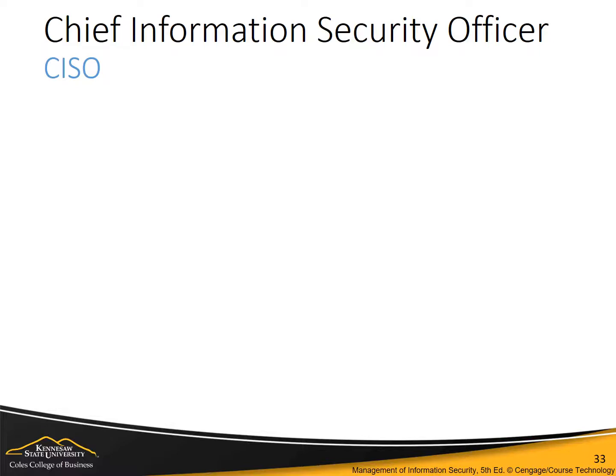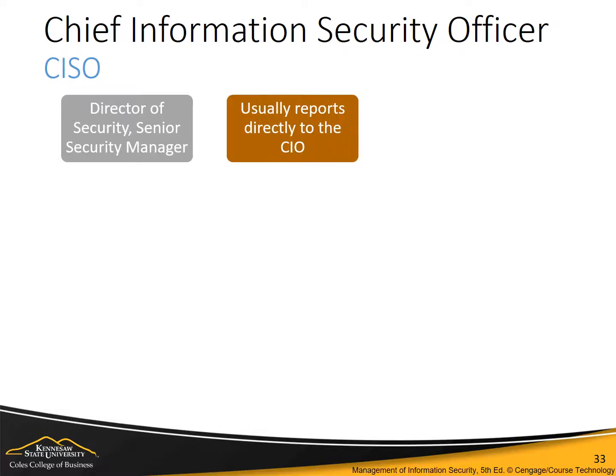The Chief Information Security Officer, or CISO, is the senior level information security professional in the organization. They may also be called the Director of Security, Senior Security Manager, or some similar title. The CISO usually reports directly to the CIO, although in larger organizations, one or more additional layers of management may separate the two officers.